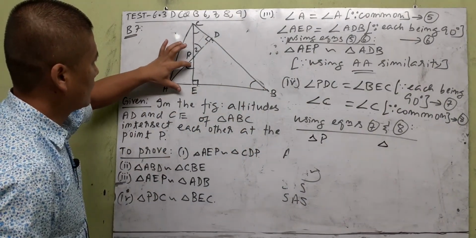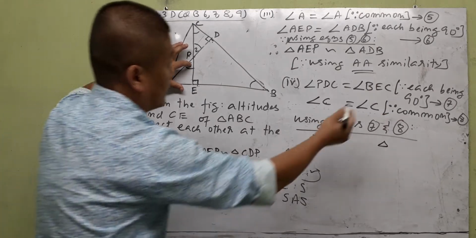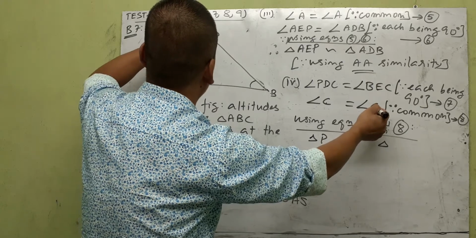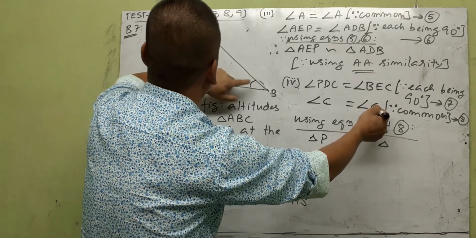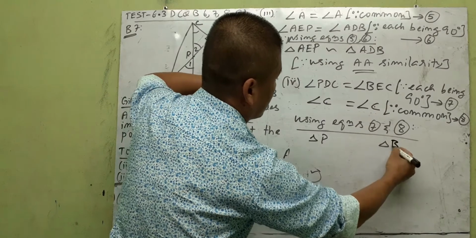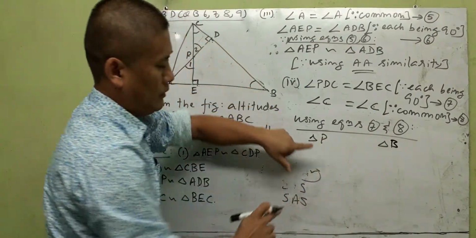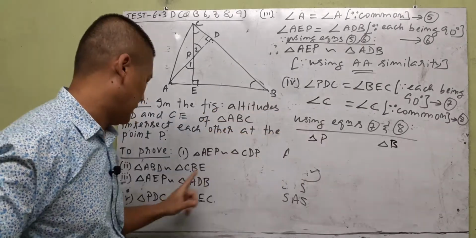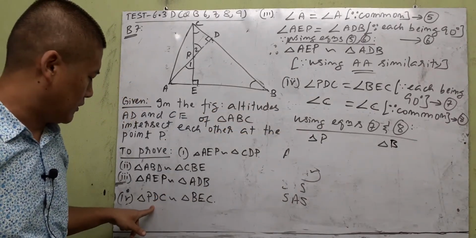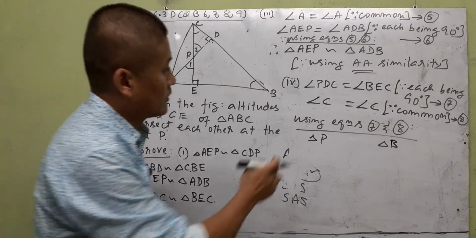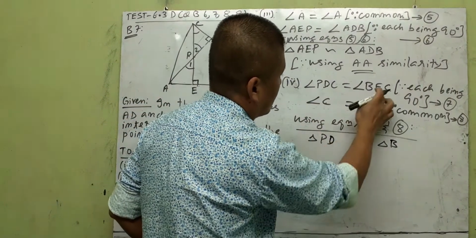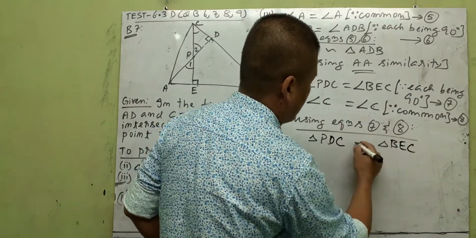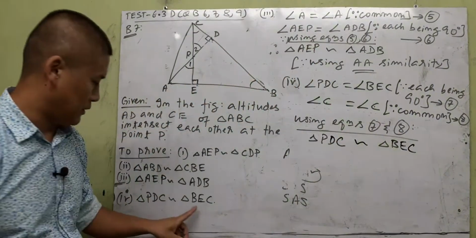Then E and C information is there in BEC, and B is not given, so we start with B. At vertex P the angle information is not given, so we start with that, the way the question is doing. Then next is D, the middle point D, and here the middle point is E. Here C, third. Here C. So PDC is similar to BEC.